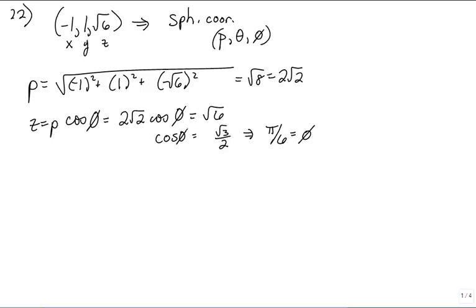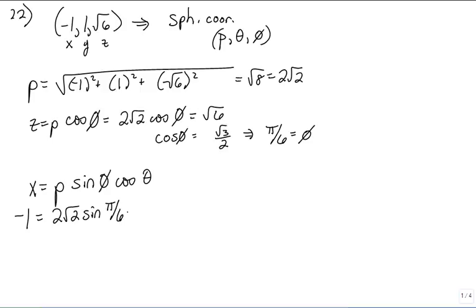Okay. Then I know x is rho sine phi cosine theta. And I have negative 1 equals 2 square root of 2 sine pi over 6 cosine theta.